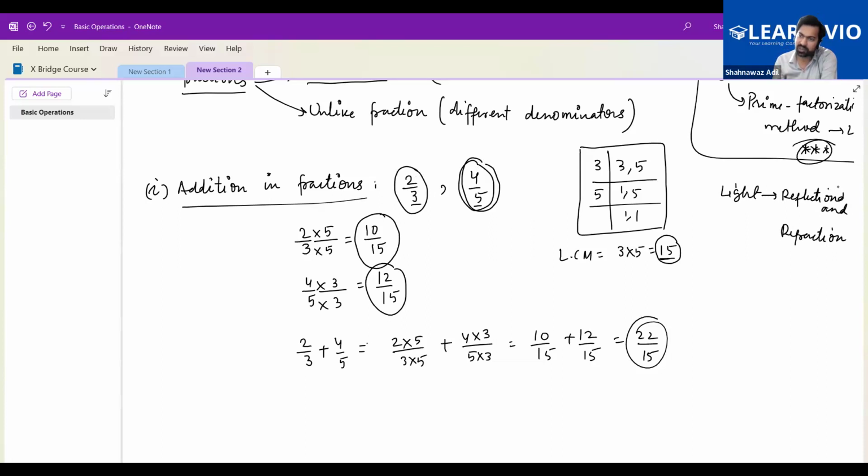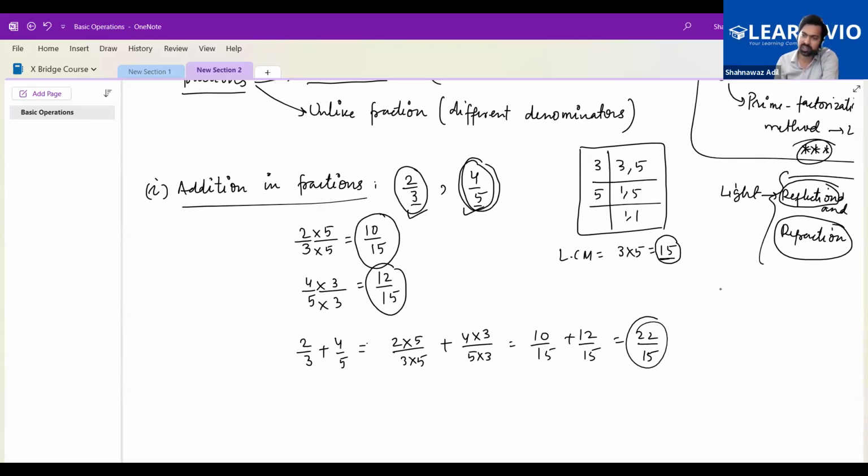In the numericals of reflection and refraction, you will come across these fractional numbers, and you will require the addition and subtraction of these fractions. Right. So these are very important in the numerical portion of this chapter.